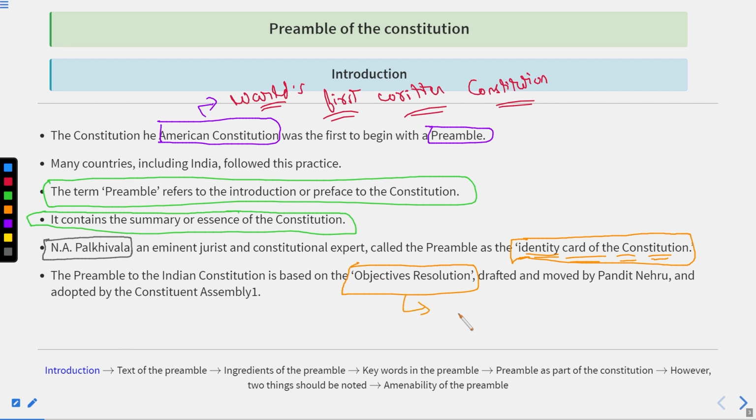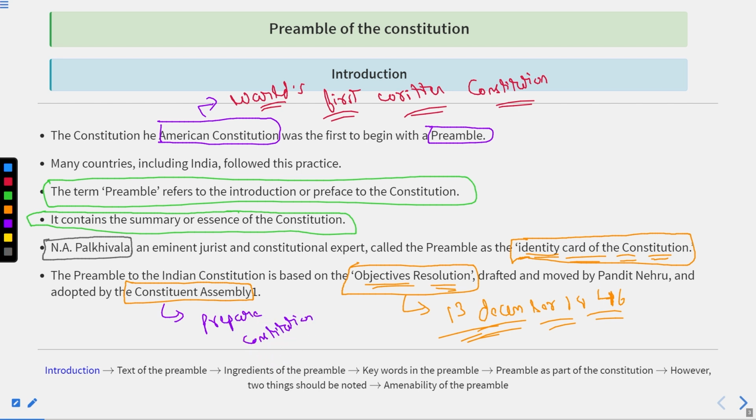We know that on 13 December 1946, Pandit Jawaharlal Nehru presented the objectives and resolutions which were later adopted by the Constituent Assembly, which had the task to prepare the Constitution for India.